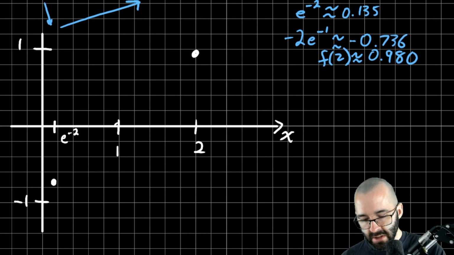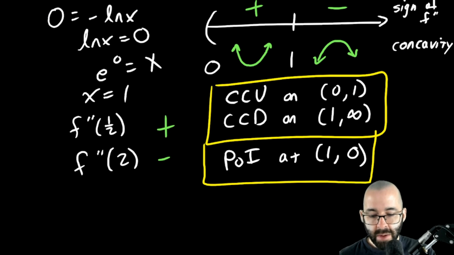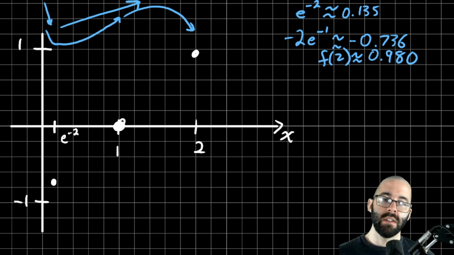Point of inflection right here. And then it's concave up to the left. So combining both things, right? If it's concave up to the left, it'll look like this. And concave down to the right, it'll look like this.